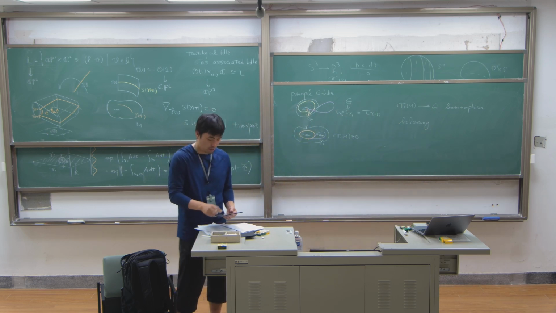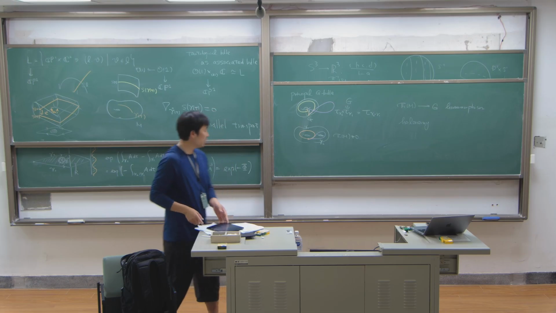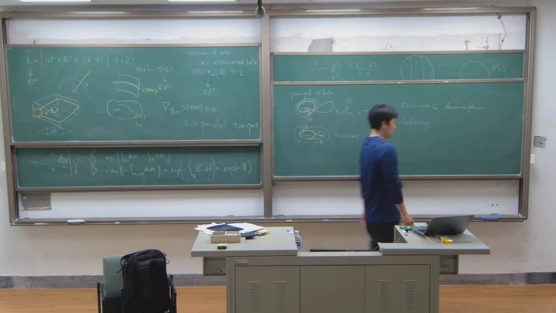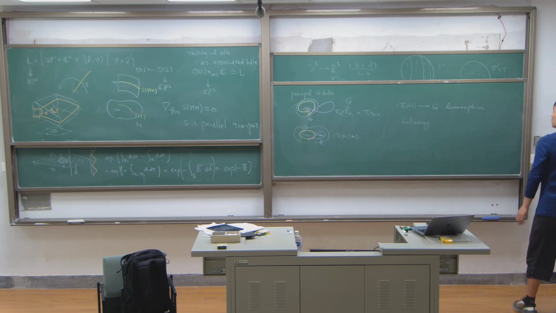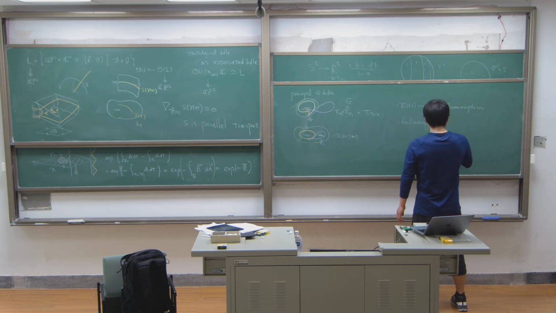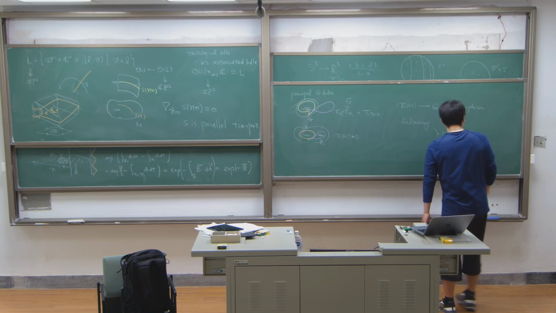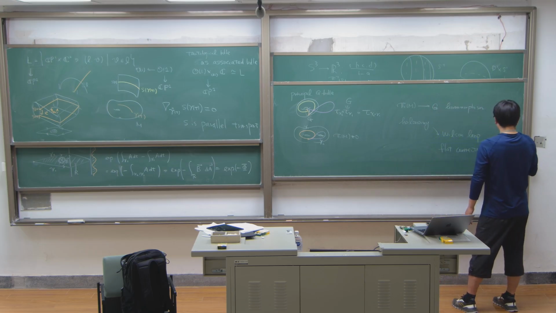Whatever you call it in physics, that is closely related to the notion of the Wilson loop, or the so-called notion of flat connection. Flat connection is F equal to 0.